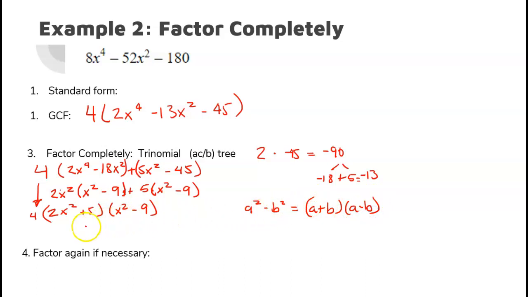So I'm just going to rewrite that part right now. So I'm going to have 4 times 2x squared plus 5 times x plus 3 times x minus 3. Now I see that I am done and I can finish my factor.